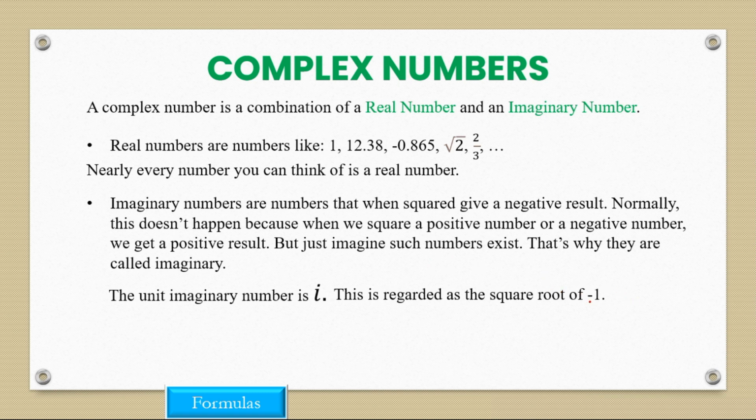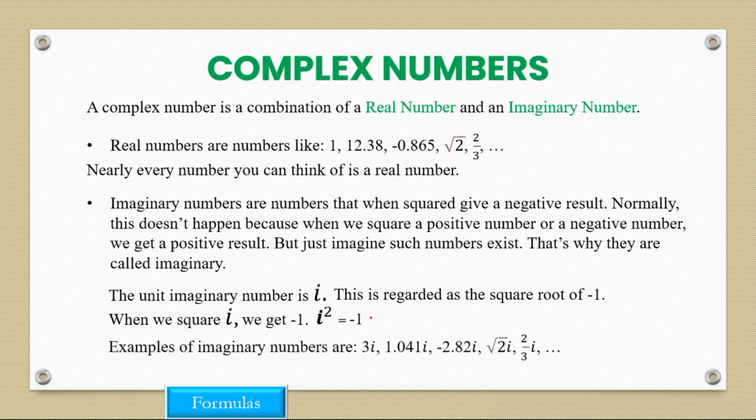So what we're going to do is remember that an imaginary number is represented by the unit small i, and that is regarded as the square root of negative 1. So when we square i, we get negative 1. That means i squared is equal to negative 1.